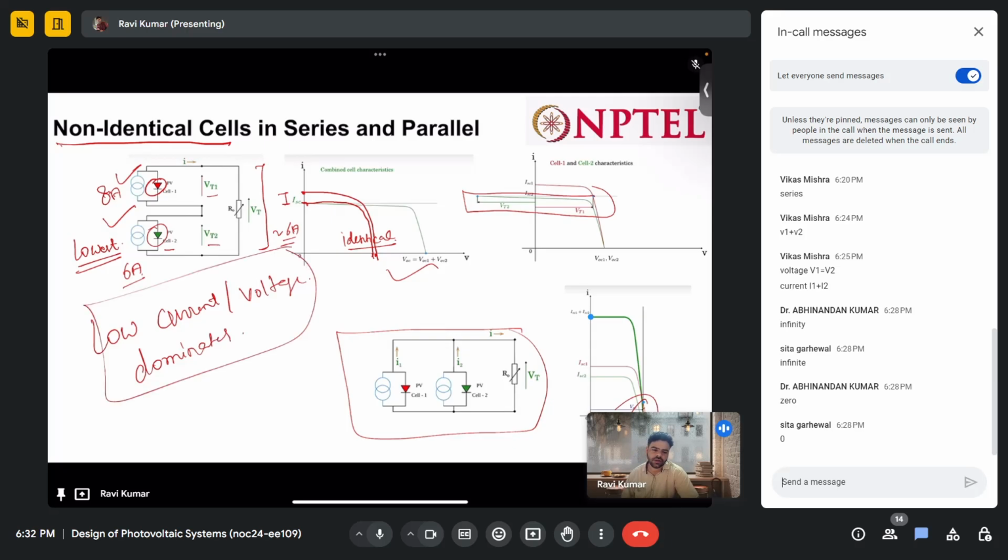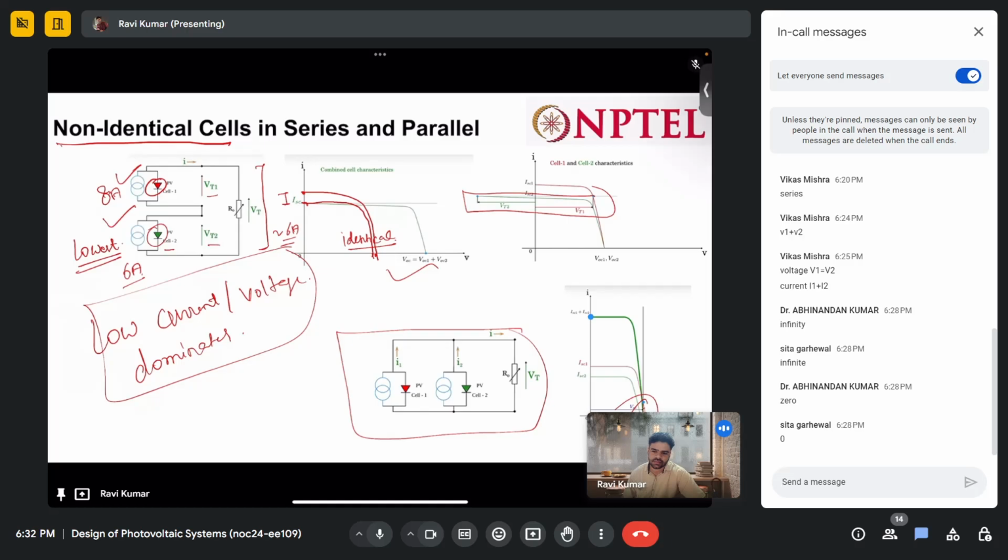But what happened due to this? Due to this, the other cell becomes a sink. It means the other cell will be consuming energy there. And if the other cell is consuming energy, then what happens? It can degrade.